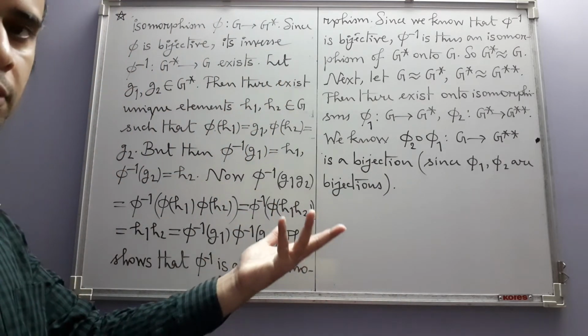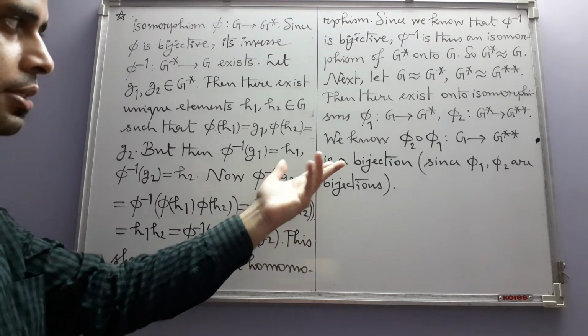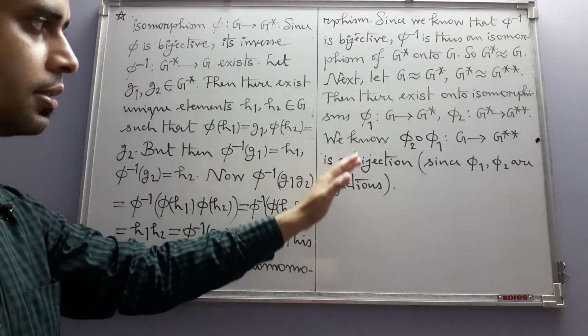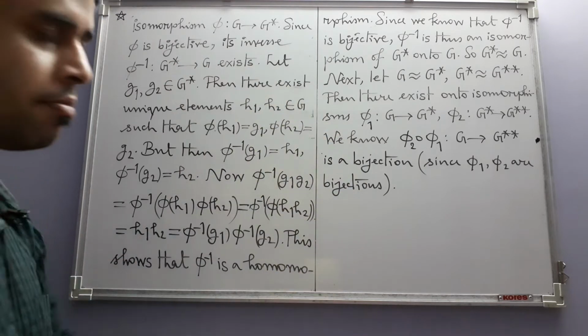So the only thing we are left to show now is that this composition is, apart from being a bijection, a homomorphism.